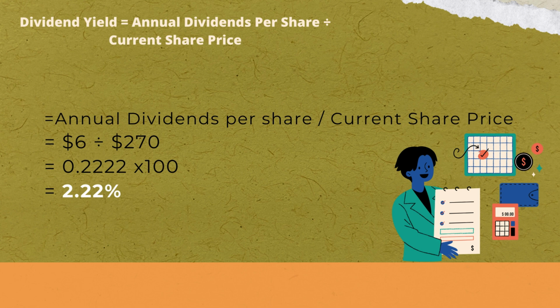To get the percentage, we have to multiply it by 100. 0.0222 times 100 is equal to 2.22%. This means that the company's dividend yield is 2.22%. This means for every $100 invested in Mrs. Reyes's company stock, an investor can expect to receive $2.22 in dividends annually.